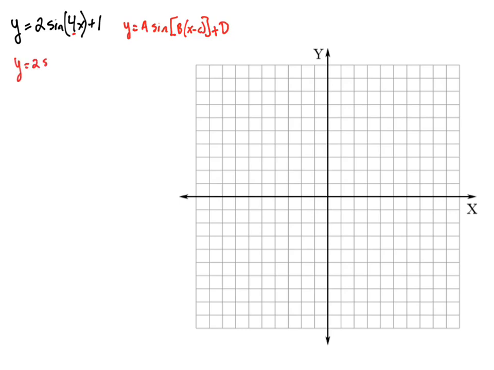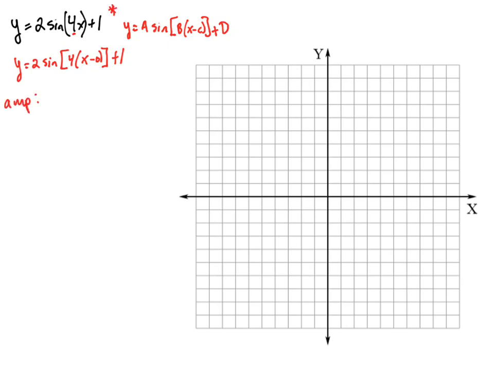So y is equal to 2 sine 4 x minus 0 plus 1. So we want to write it like this so that we can explicitly see what the c value is and what the d value is. And if you multiply this out, we're going to get to what we started with.